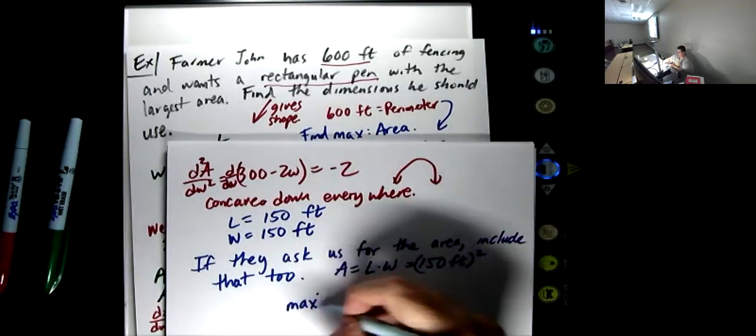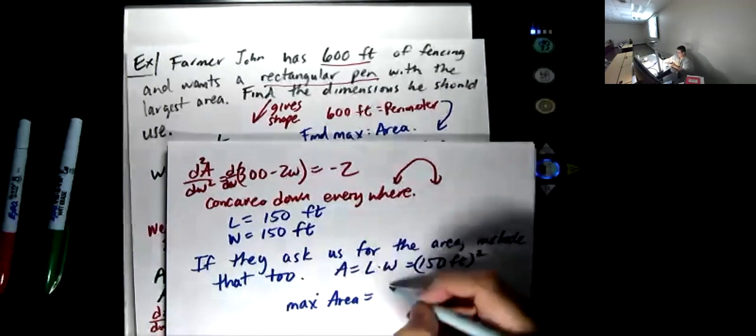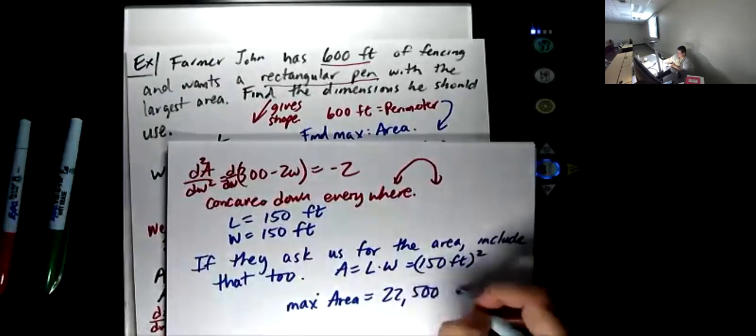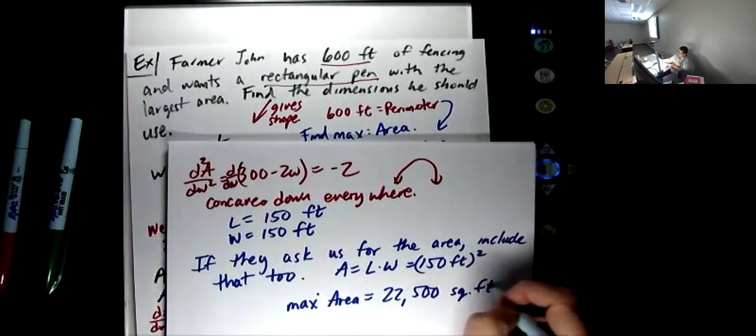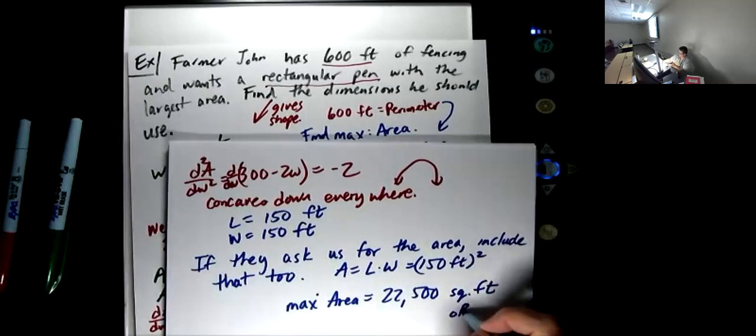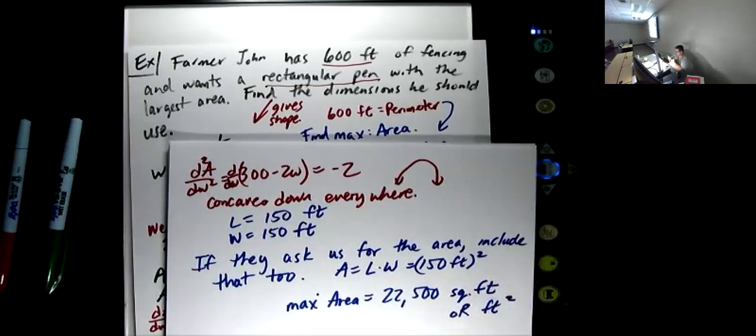Max area is 22,500 square feet. Or you can put feet squared, but you should have the units. Almost always, you're going to have units for these things.